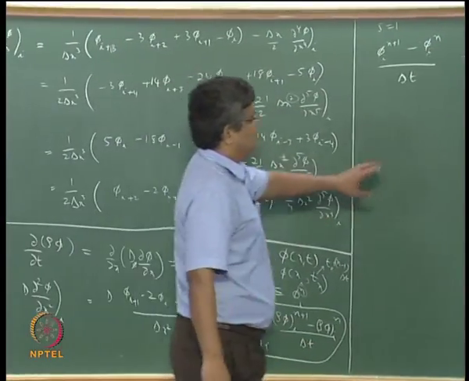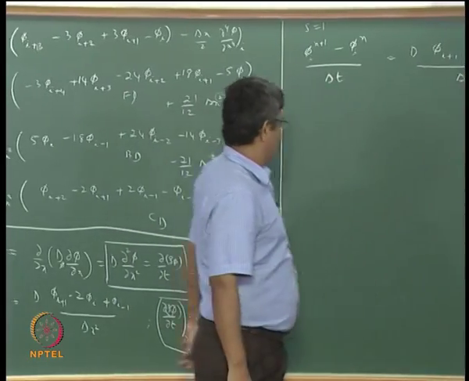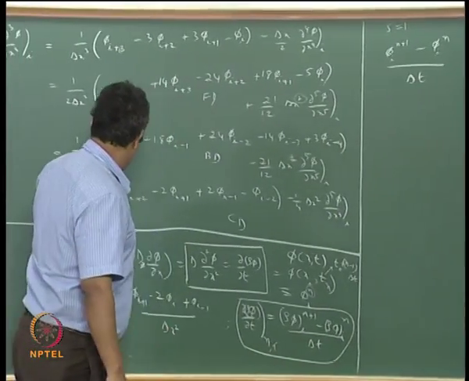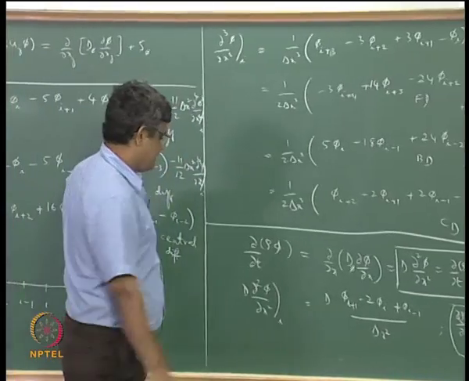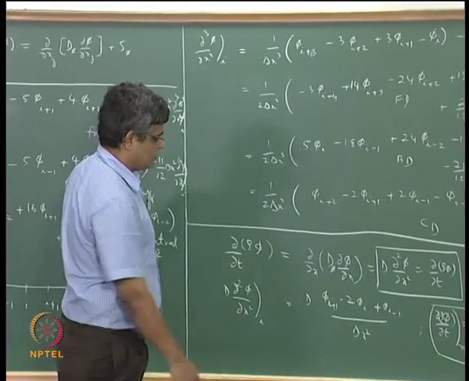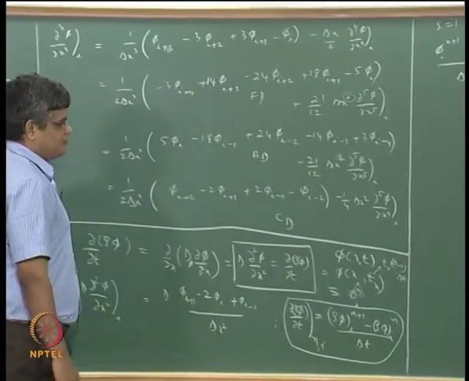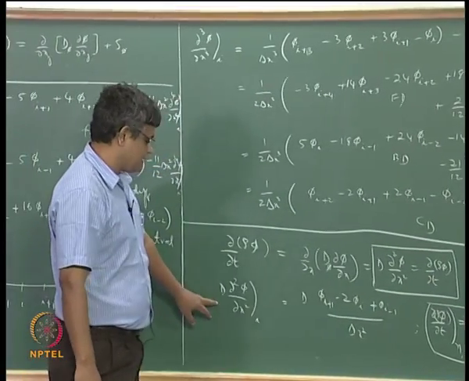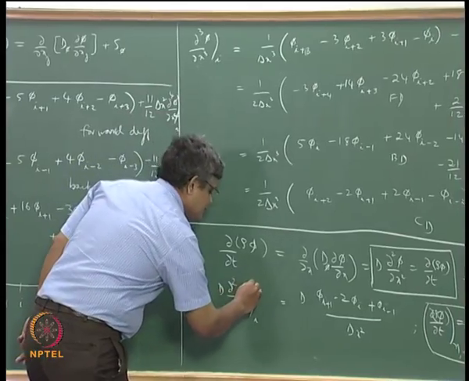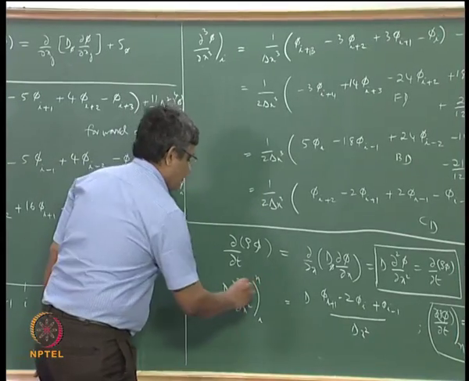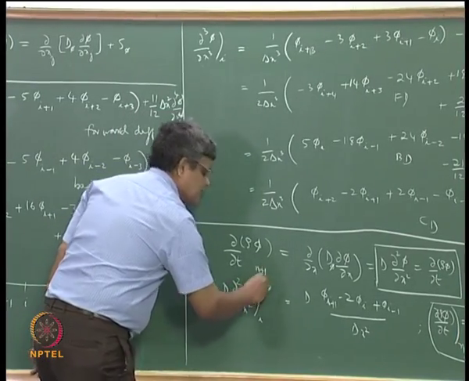Now what about the right hand side? The right hand side is also evaluated at what time, because we are going from the nth time step to the n plus 1th time step. So we have a choice of evaluating this either at the nth time step or at n plus 1.